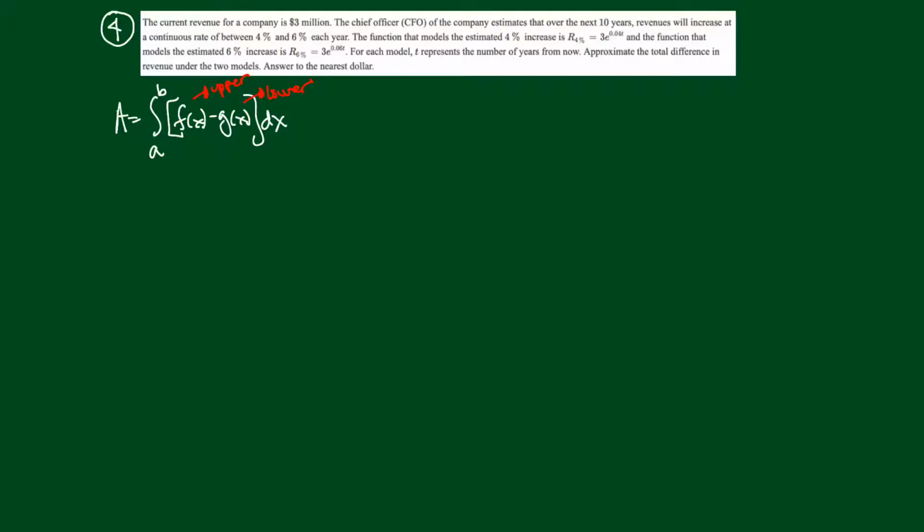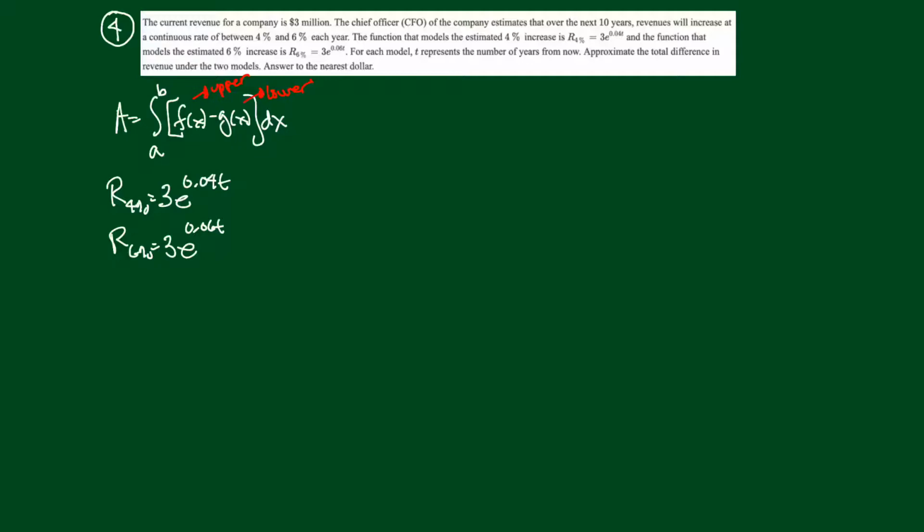So we've got two curves here. We have r sub 4, which is 3 e to the 0.04t, and then we've got the 6% curve, which is 3 e to the 0.06t. Which one's upper and which one's lower?